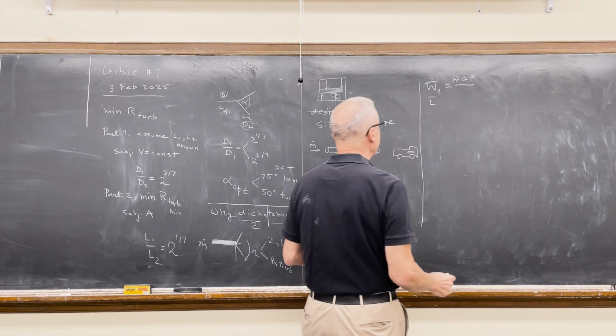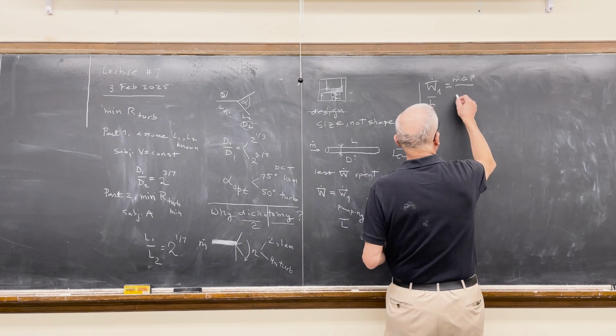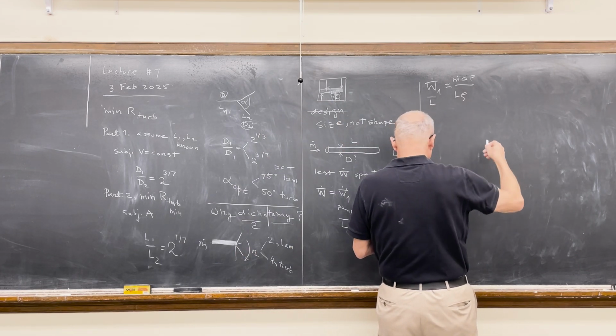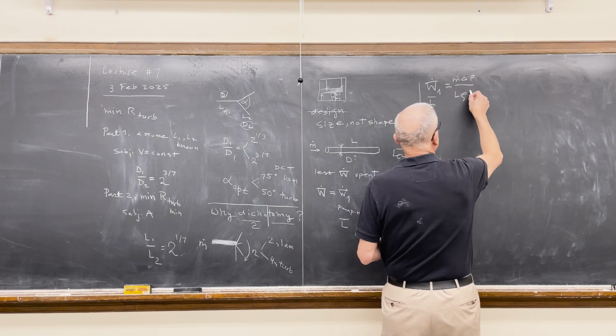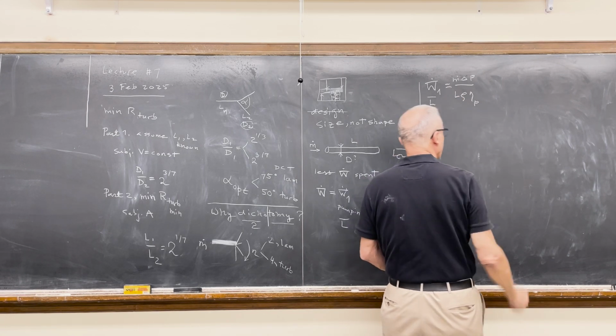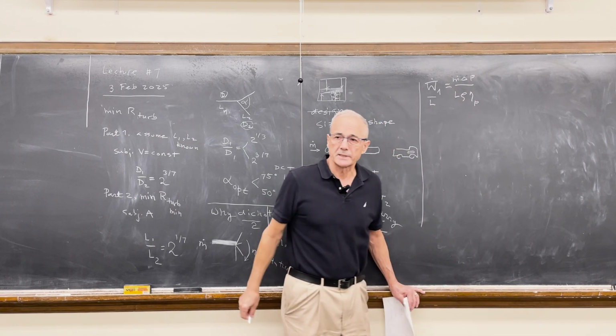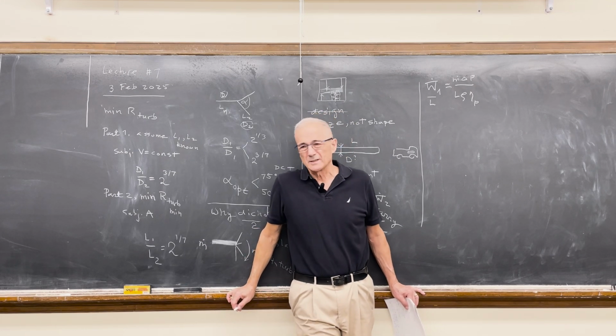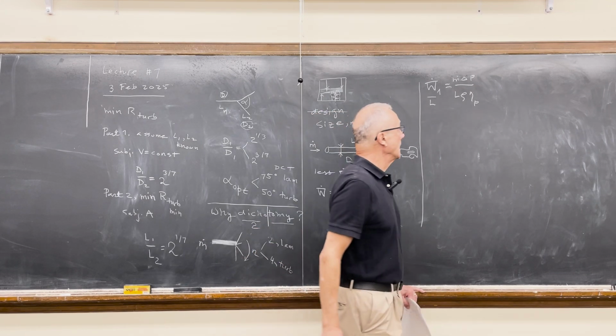Per unit length. So length and then the density of the fluid in the pipe, and then the pump isentropic efficiency, which is basically 1, slightly less than 1.